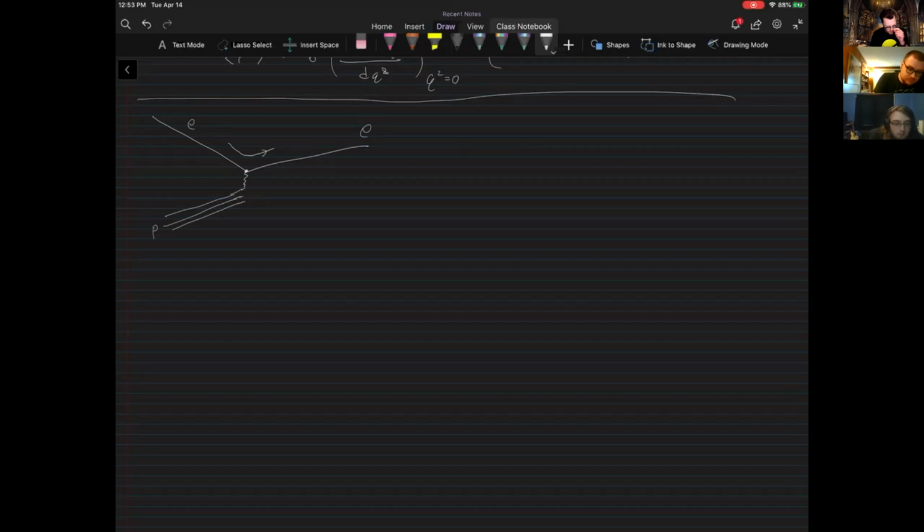And we said that we could basically use this photon that we're scattering off of the proton as a probe to look at the structure of this bound object. We saw that we could measure this form factor that's a function of the momentum transfer of the photon.